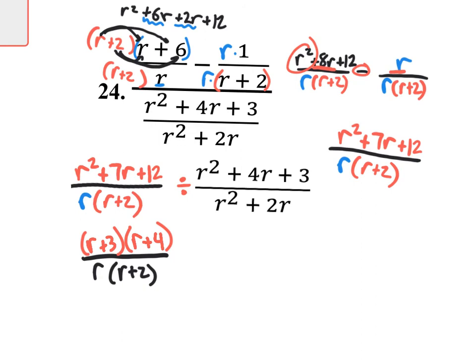We know that this second fraction, the division, has to become multiplication, but I do need to switch the numerator with the denominator. So up on top, I should have this r squared plus 2r, but I might as well pull out the r that's in both of them. I'm going to write it up here in the numerator, pull out the r, and I will have an r plus 2 left over on the inside of the parentheses.